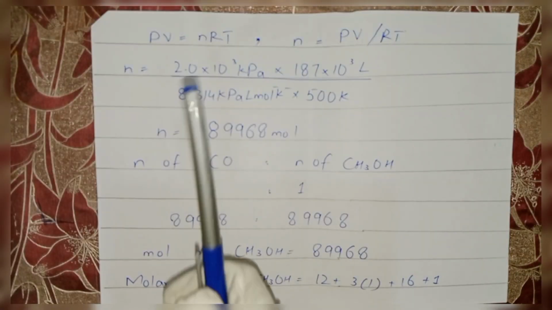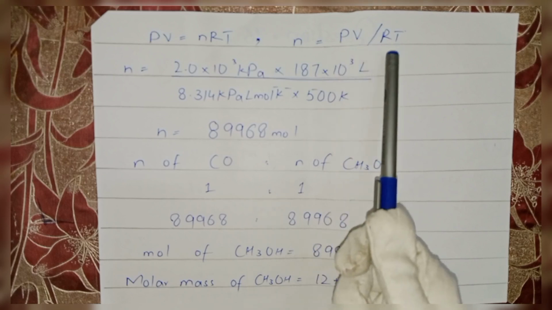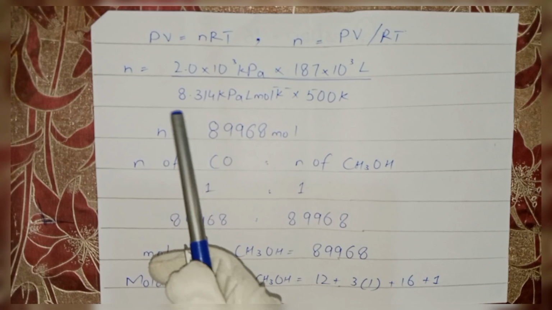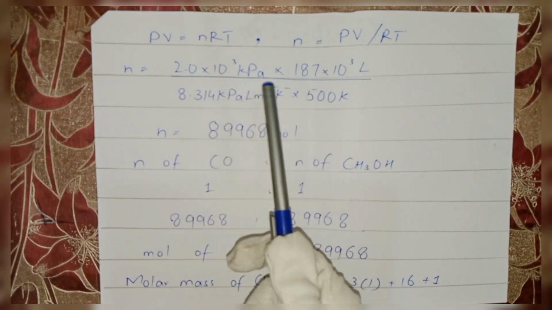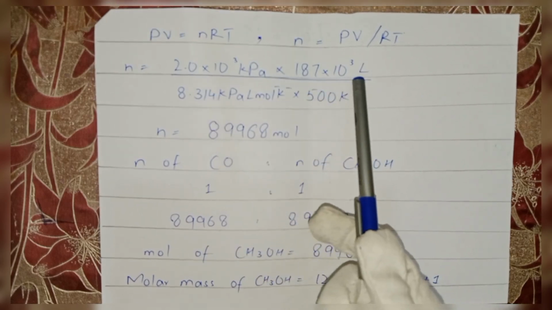We know that PV is equal to nRT and n is equal to PV over RT. We put the values in this equation. The pressure is 2.0 into 10 to the power 3 kilopascal, and volume is 187 into 10 to the power 3 liter.